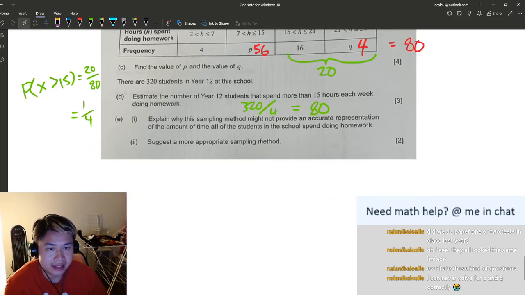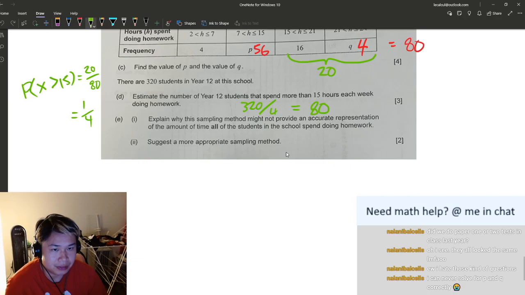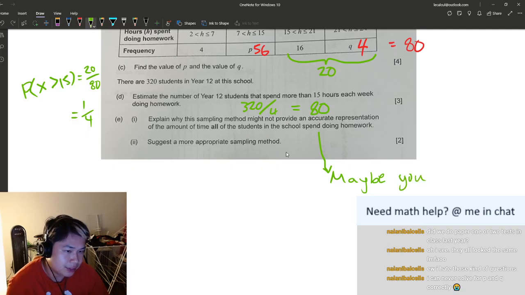Okay, now explain why the sampling method might not provide an accurate representation of the amount of time all students spend doing homework. Okay, this should be a free mark. You just need to explain why this might not be right. Okay, so I don't know. Maybe you only surveyed the dumb kids.